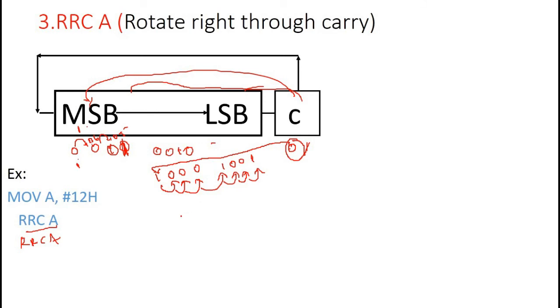So what we get here now? 0, 1, 0, 0, 0, 1, 0, 0, and the carry flag becomes 1. Okay. So this is about rotate right through carry.